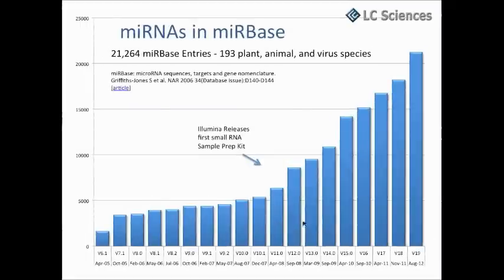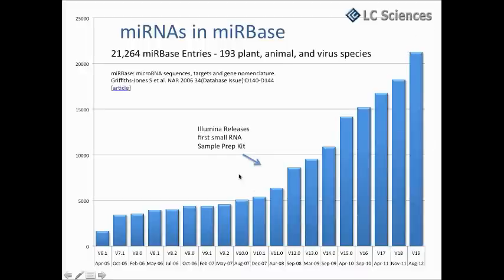So if you look at the current sequence knowledge for microRNAs that's available so far, this is a brief overview showing you the almost exponential increase. This lists the number of entries in miRBase from version 6.1 to version 19, which was, like I said, just in August.